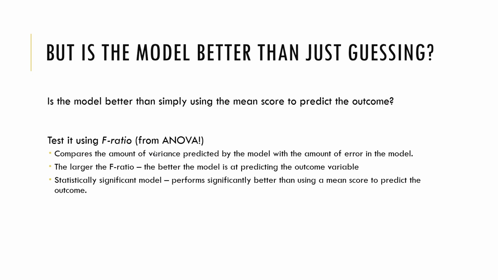If it makes a lot more mistakes than it does get anything right, it's not going to be statistically significant. By and large, the larger your F ratio, the better the model is at predicting an outcome variable, and the more likely it is to be statistically significant. That is, it would outperform merely guessing someone's score on Y from knowing the group mean.